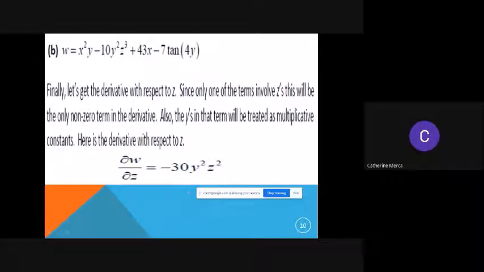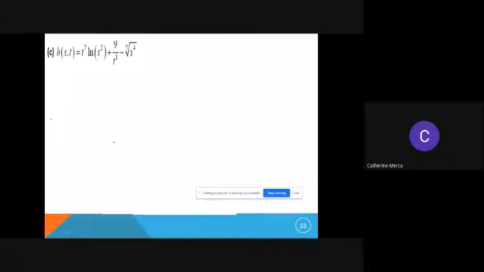The higher order derivatives would be the derivative of the derivative, which we're going to discuss later on. But in the meantime, let's take a look at this one. Only two variables, s and t.